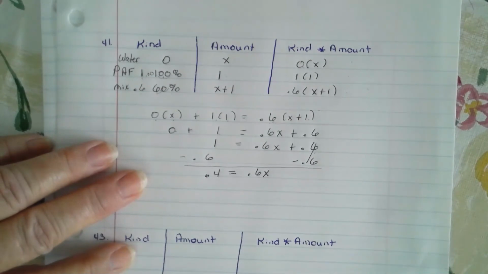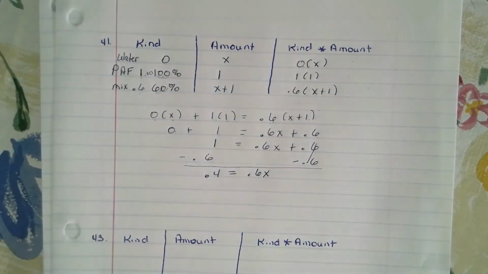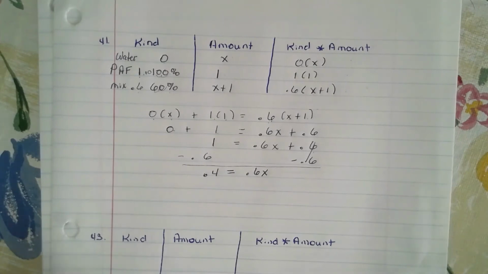Now, when you take 0.4 and divide by 0.6, normally I would say to you, leave it as a fraction. But typically, when it's a word problem, we use a decimal more, but this one is different.